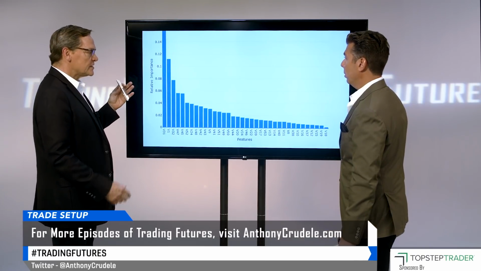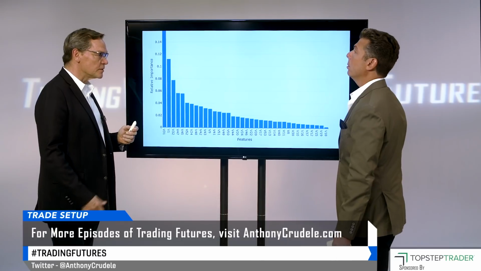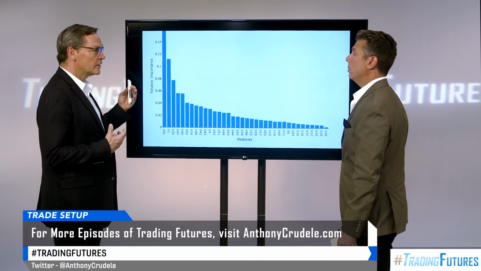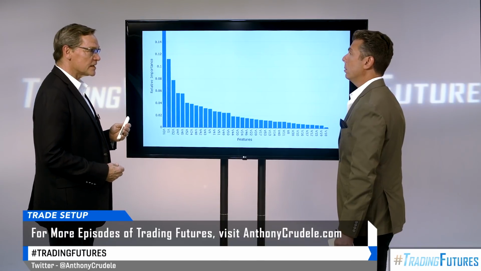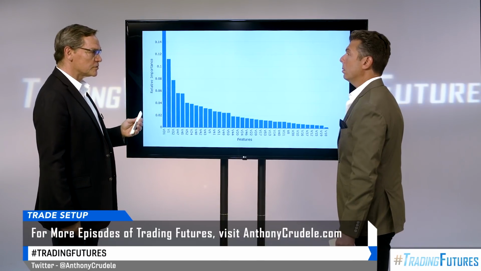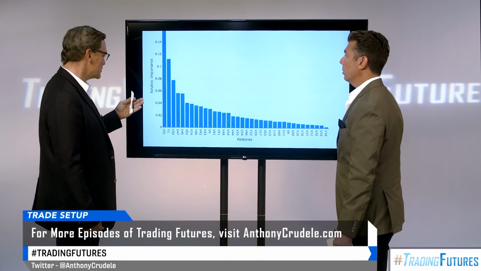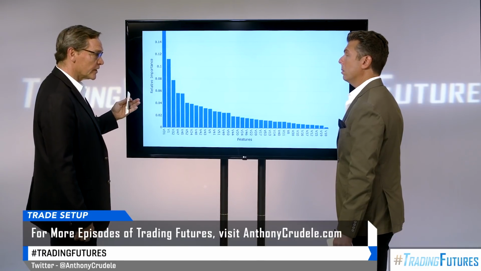So we test dozens and dozens of relationships in the market. As you know, there's so many different indicators you can use, whatever your mind can think of as a potential indicator of future performance of the market, we try to brainstorm and use. We've tested literally hundreds of different relationships.